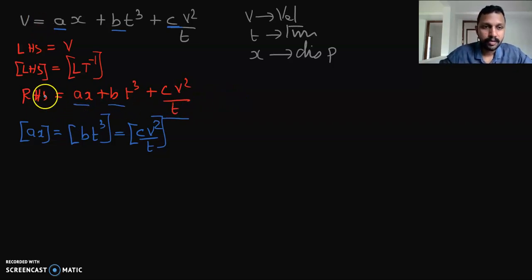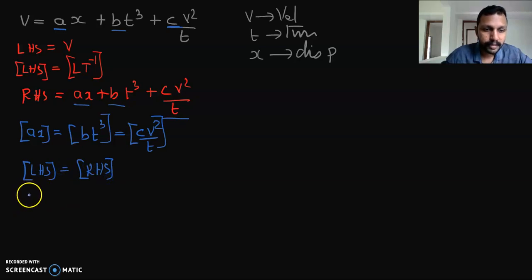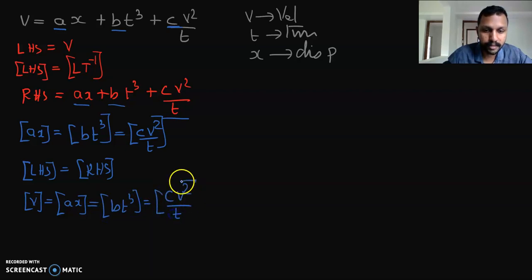Then the dimensional formula of LHS should equal that of RHS. That means the dimensional formula of velocity should be equal to that of ax, that of bt³, and that of cv²/t.